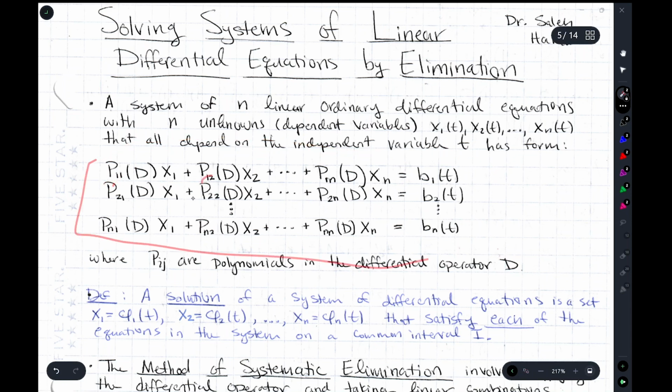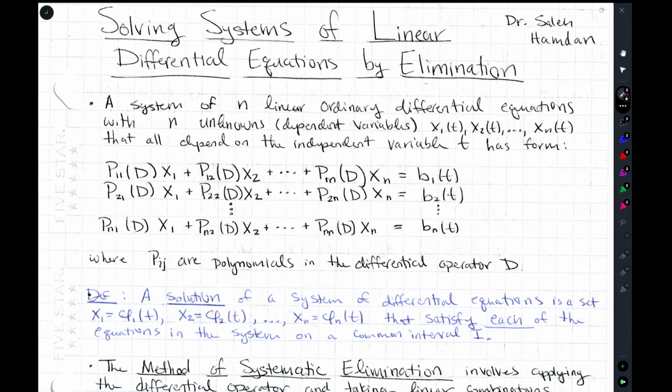Now what are these p's? Well, each equation can have a polynomial with the operator D, okay? A polynomial of any arbitrary degree. It could be less than n, it could be greater than n, it doesn't matter. So these are polynomials in the differential operator, and each equation has a polynomial for each unknown, okay?